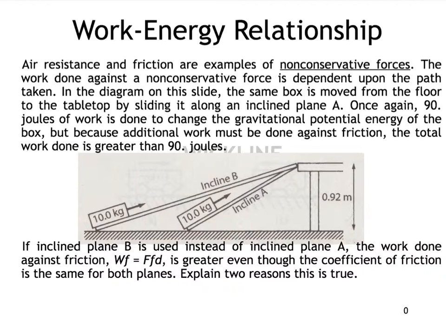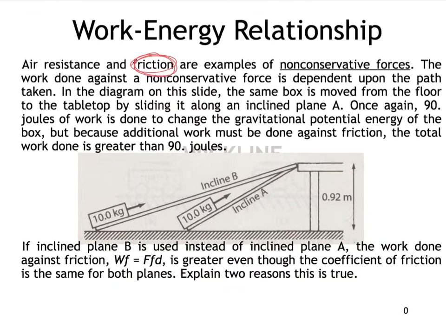Okay, so there are non-conservative forces, and one of them that's going to come up every now and then is friction. Friction has the ability to really affect the amount of energy that's gained or lost as a result of the path taken.